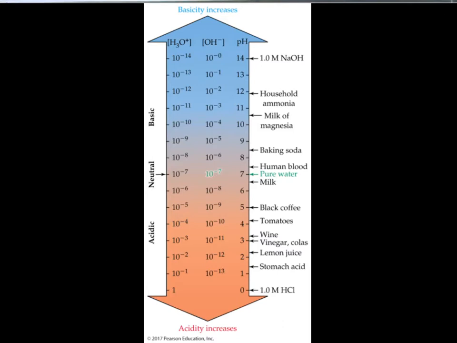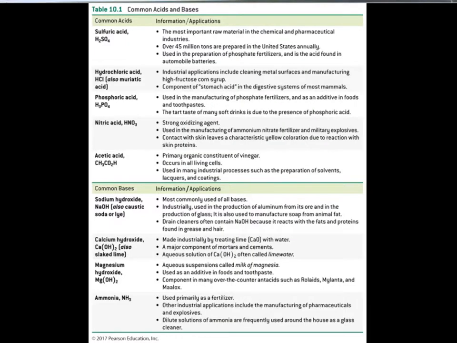Let me get to the next figure. Acids and bases, because of the sorts of reactions that they do, are pretty ubiquitous in household products around us. Vinegar, for example, is really an aqueous solution of acetic acid. Nitric acid is used in a lot of chemical industry for producing fertilizers and ammonia and explosives.